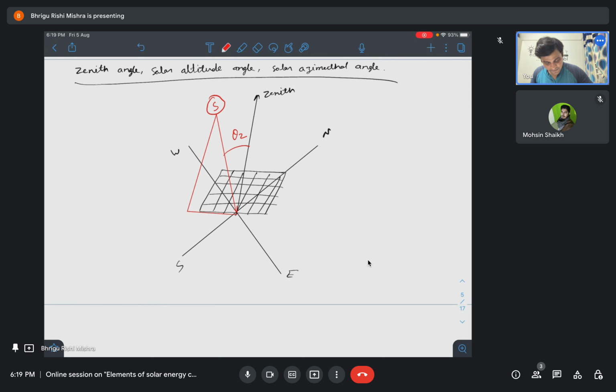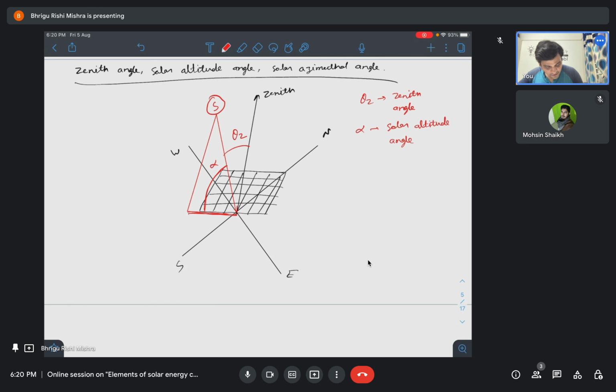So this angle is denoted as alpha, and is known as the solar altitude angle. So theta z is the zenith angle and alpha is the solar altitude angle.